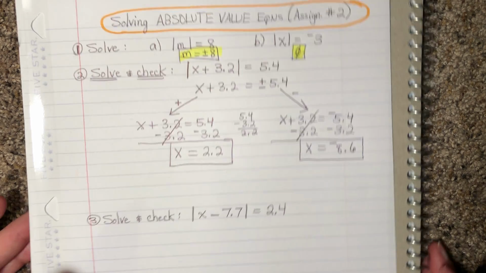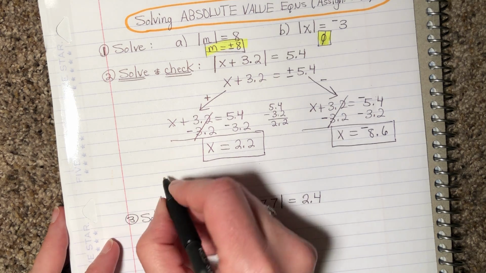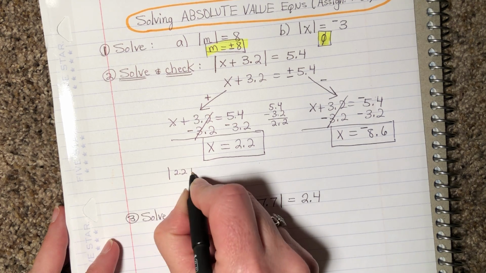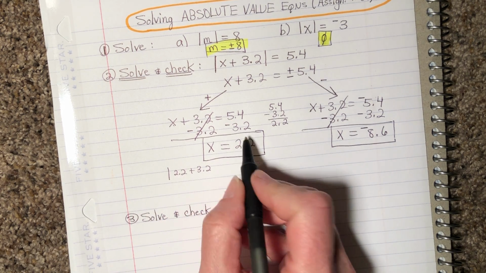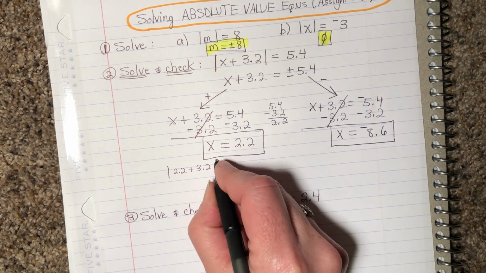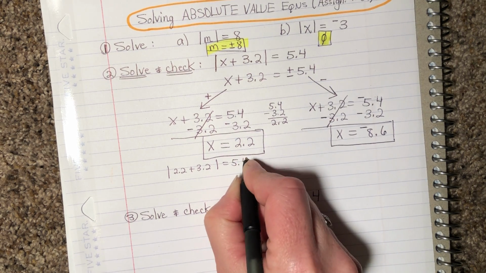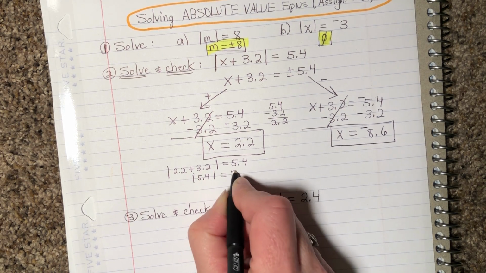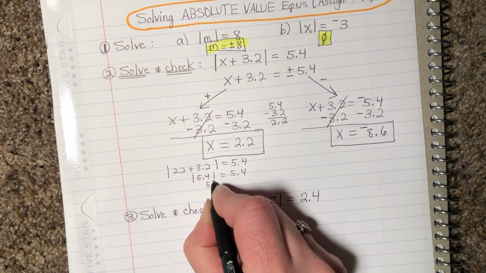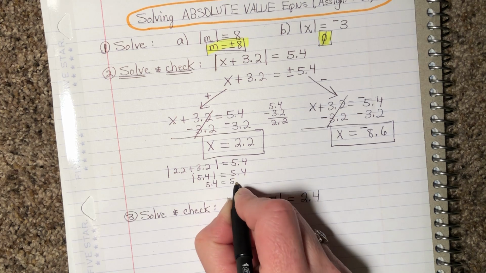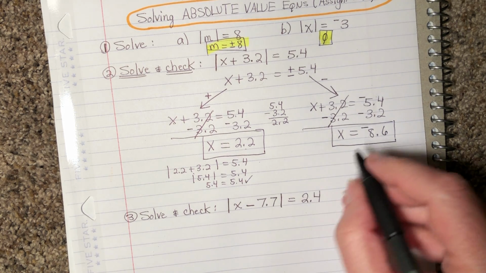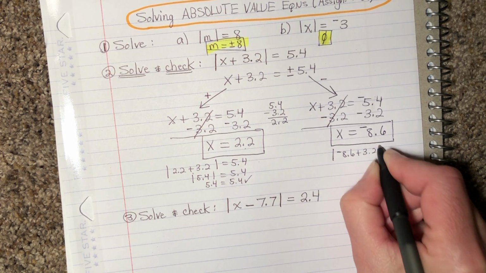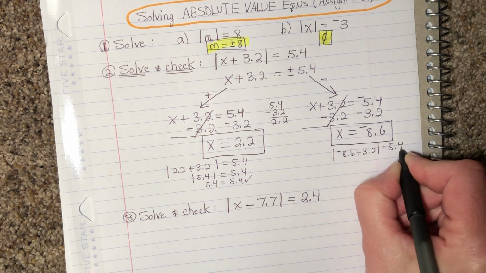All right, now I didn't leave much room for my check, but I guess I can squeeze it in here. 2.2 plus 3.2, I'm just putting my answer in the original equation. That should equal 5.4. This is the absolute value of 5.4. Does that equal 5.4? Yes, it does, because the absolute value makes whatever's inside come out positive. So that answer checks out. Now I'm putting a negative 8.6 plus 3.2 inside the original equation.